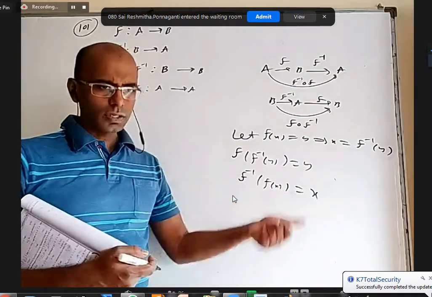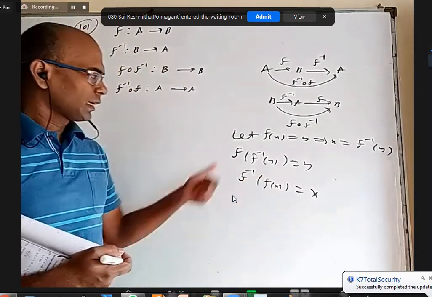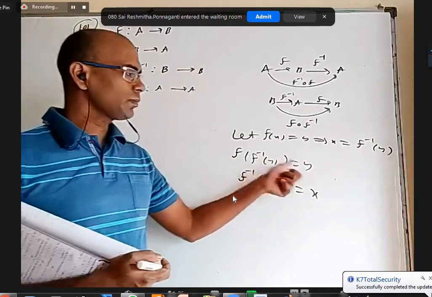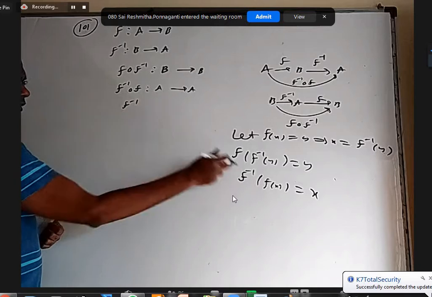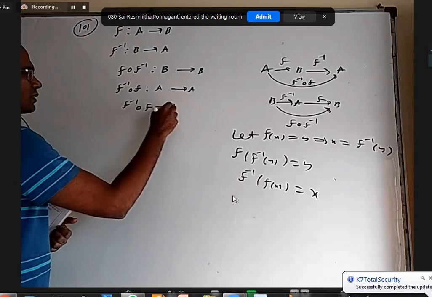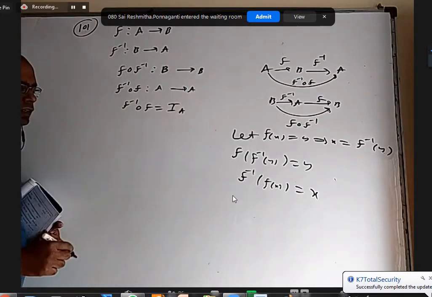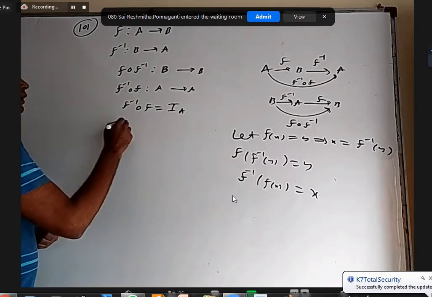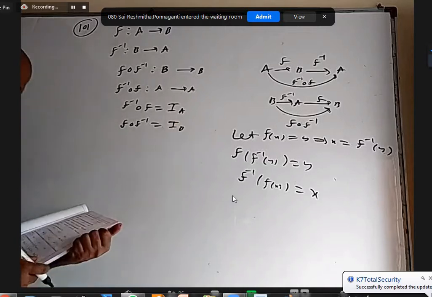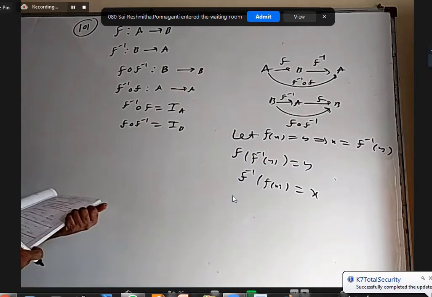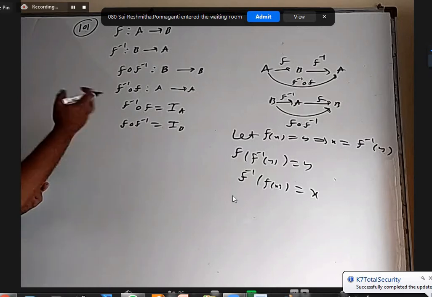So f inverse circle f is an identity function from A to A, and f circle f inverse is an identity function from B to B. So f inverse circle f is I_A, and f circle f inverse is I_B, the identity function on B. I told yesterday all these things, just repeated.